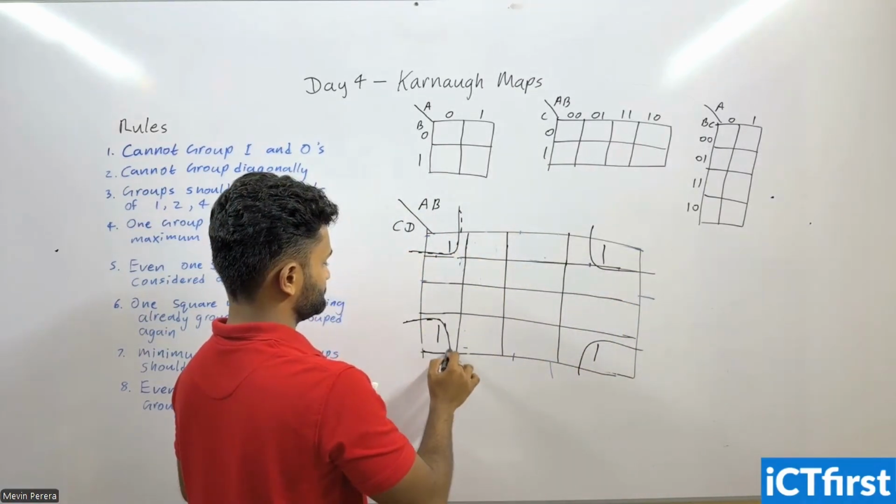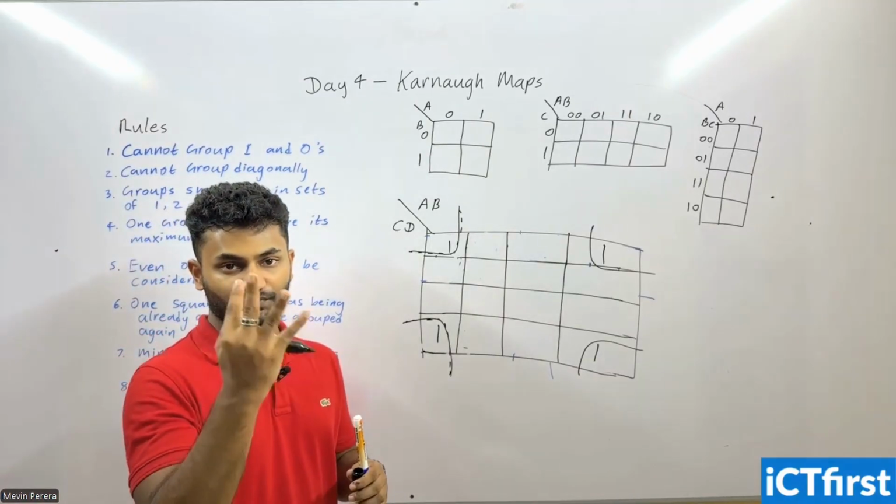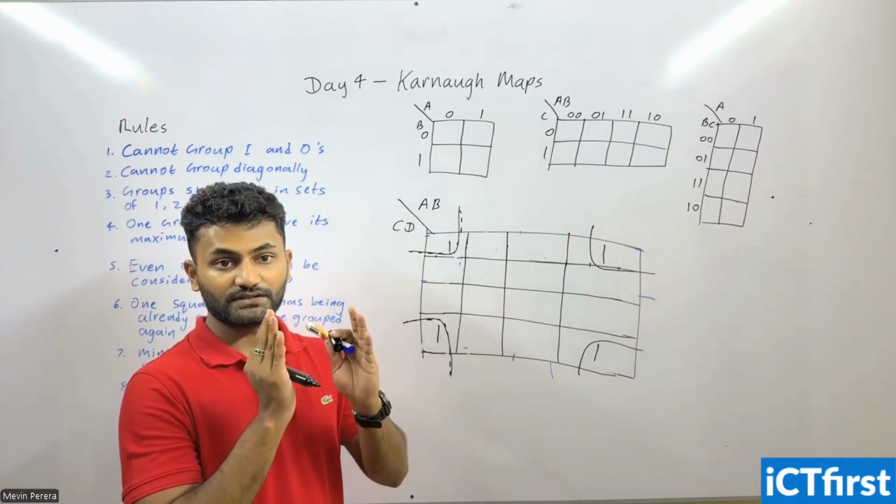That is also a 4 by 4 square, a 4 unit square, which is just one single group.